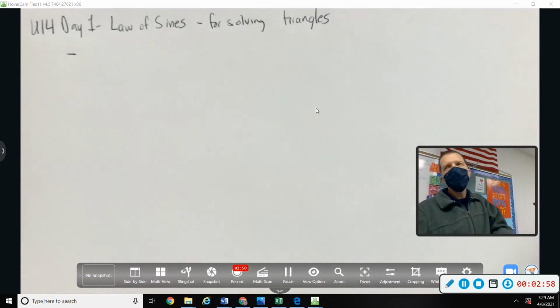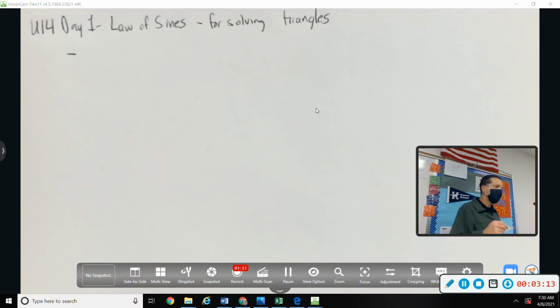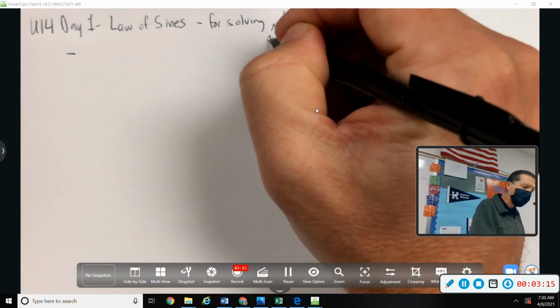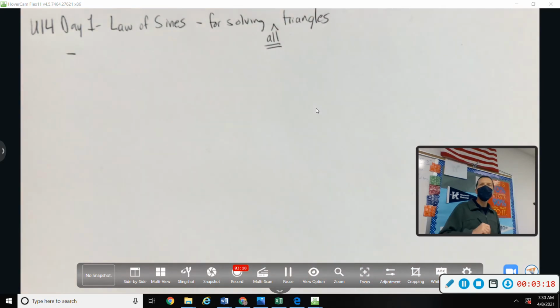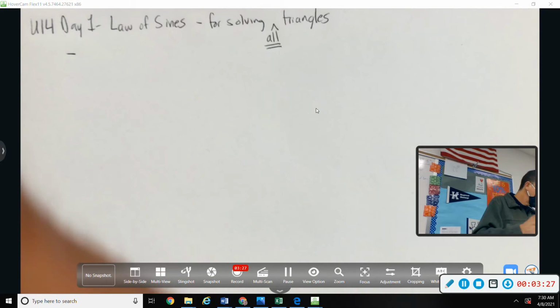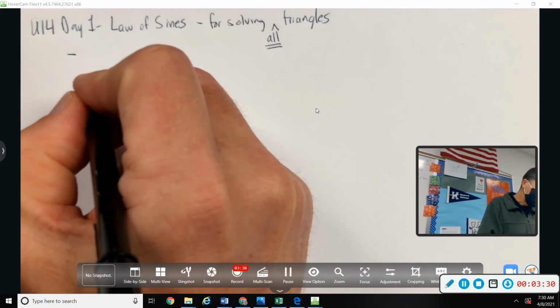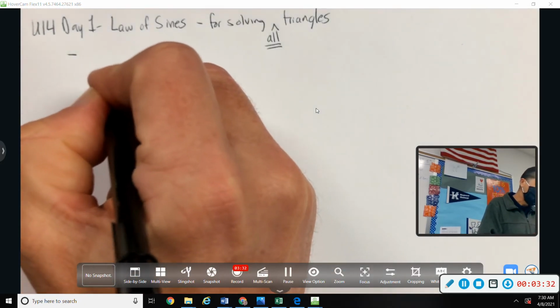I guess it's mixed news, but up until now, you kind of had to limit yourself to right triangles because you had a squared plus b squared equals c squared and SOHCAHTOA, and you could solve any right triangle. Now we don't have to. It doesn't have to be a right triangle. It's for all triangles. So this is a little bit broader type of equation because I don't have to worry about if it's a right triangle or not. It works for everybody. So here's the formula. Formulas. You'll see why I phrase it that way in a minute.